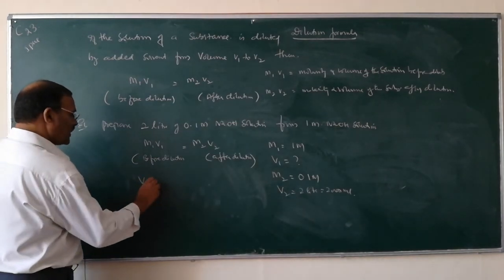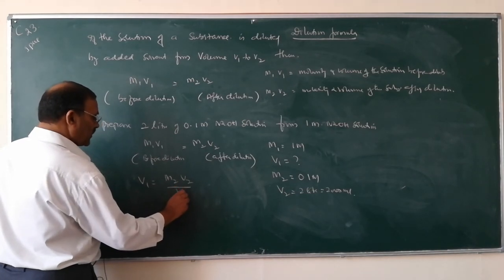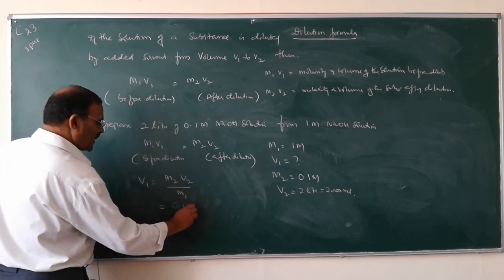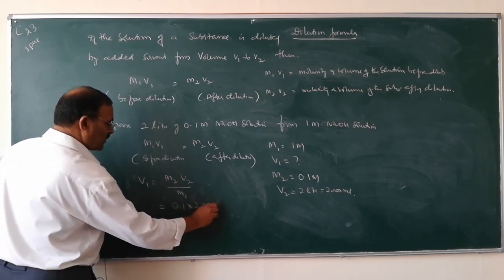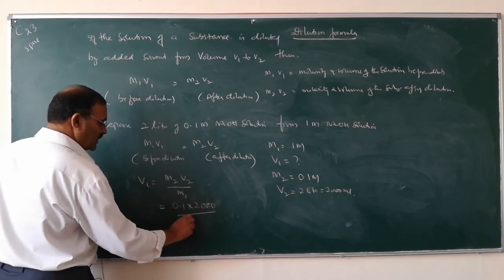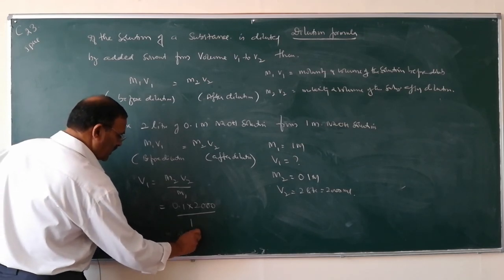So V1 equals M2 V2 divided by M1, that is 0.1 into 2000 divided by 1, which equals 200 ml.